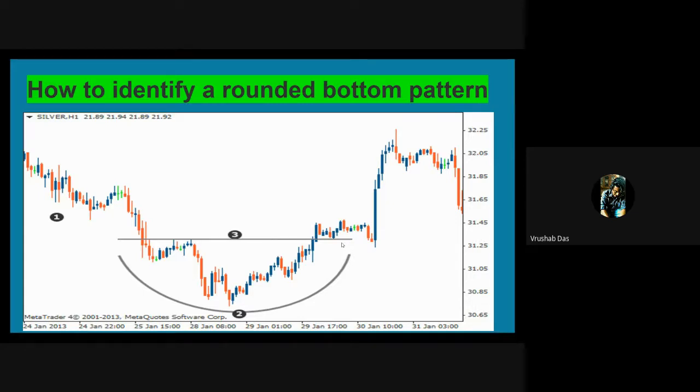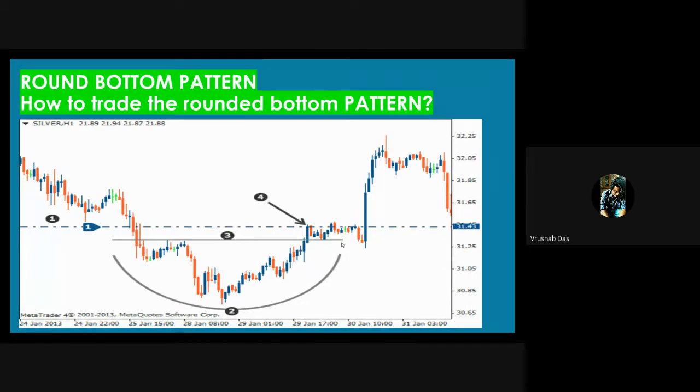How do we trade the rounded bottom? First, to enter the trade, look for the neckline that is marked on the chart below.